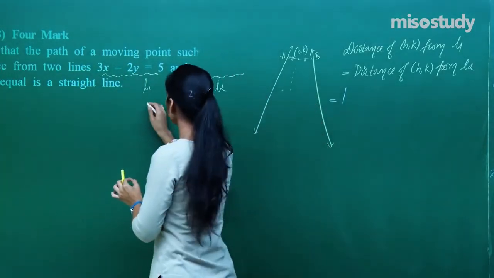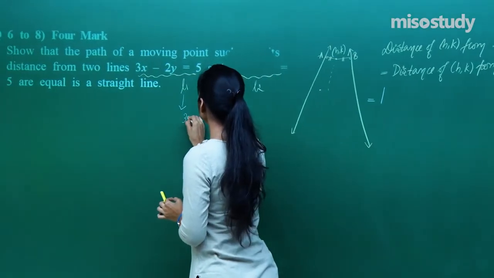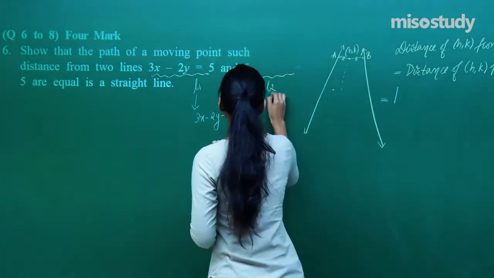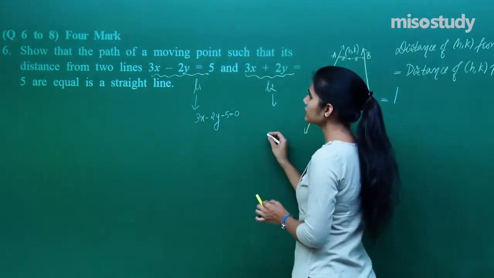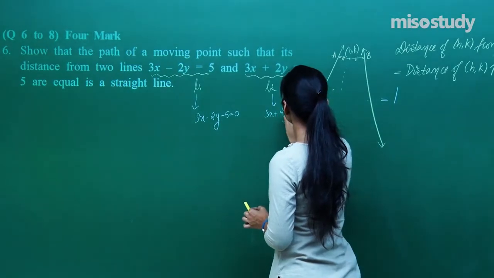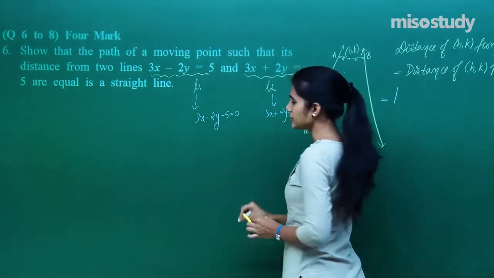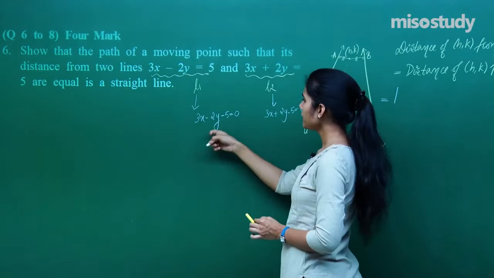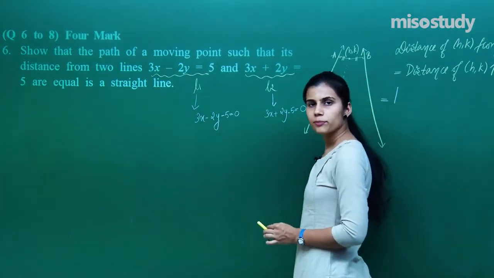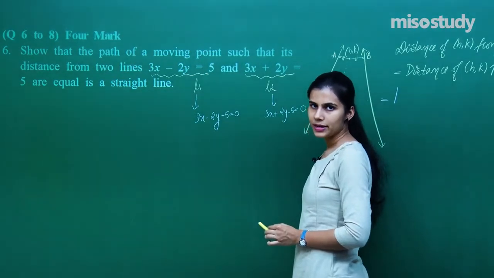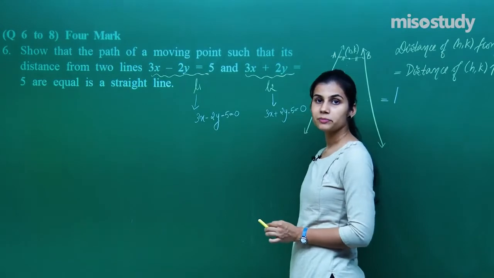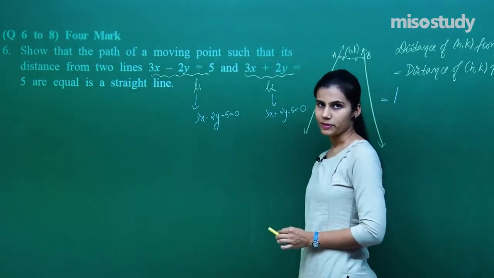So basically, first of all, you convert it in the standard form. This is 3x minus 2y minus 5 equals 0, and this is 3x plus 2y minus 5 equals 0. Now it is of the form ax plus by plus c equals 0. x1 comma y1 is the point from where you wish to calculate the perpendicular distance to these two lines. It is given by mod of ax1 plus by1 plus c whole upon under root a square plus b square.